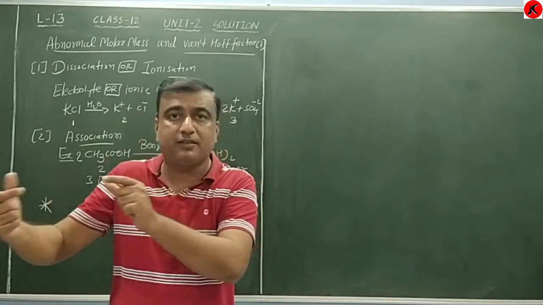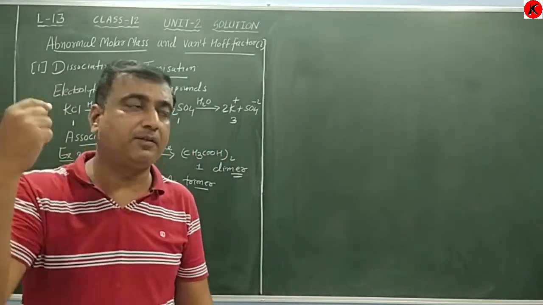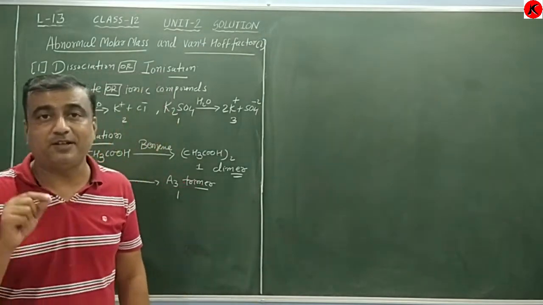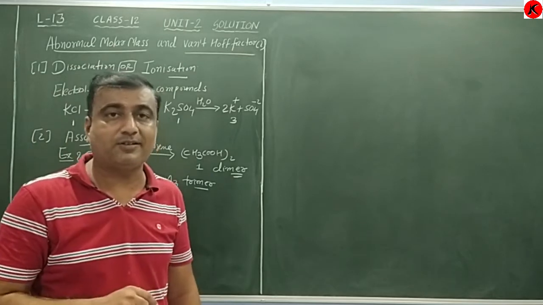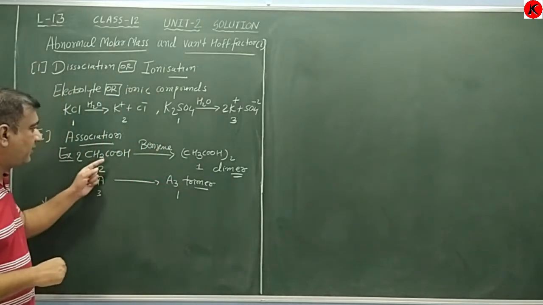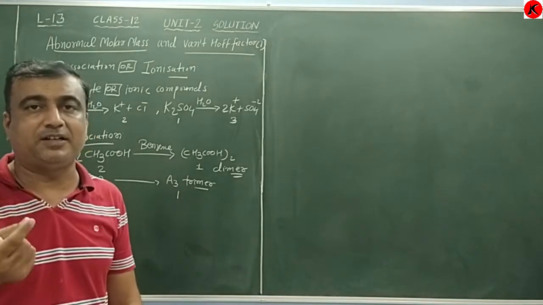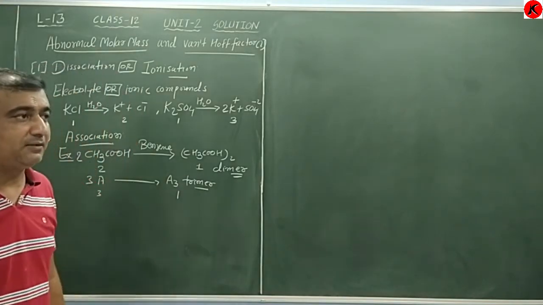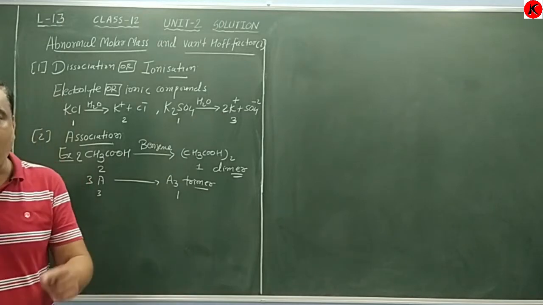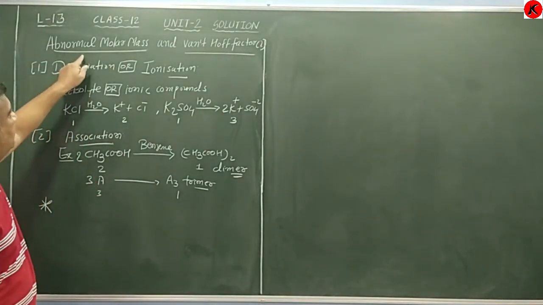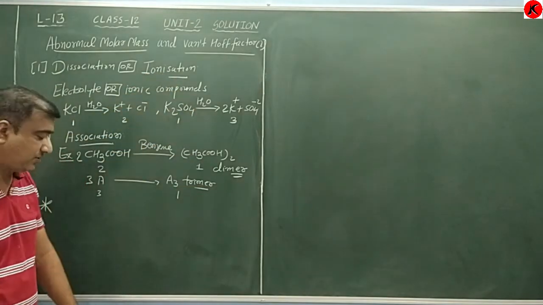If we use these four colligative properties to calculate the molar mass of the solute, then it is not correct, because due to association or dissociation, the number of particles changes. That means we obtain the wrong molar mass of the solute, and this is known as abnormal molar mass.